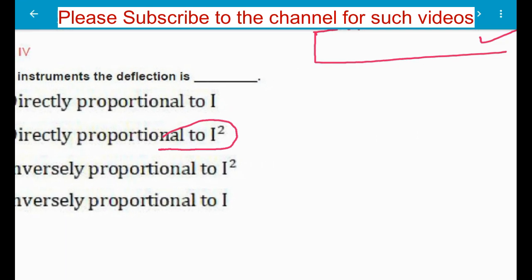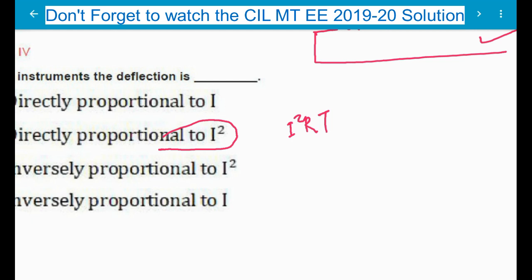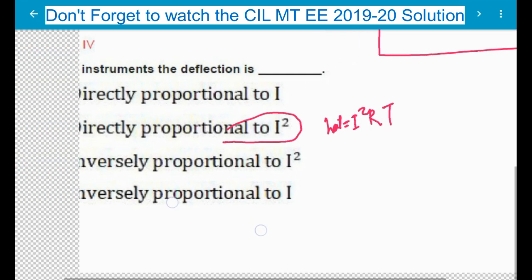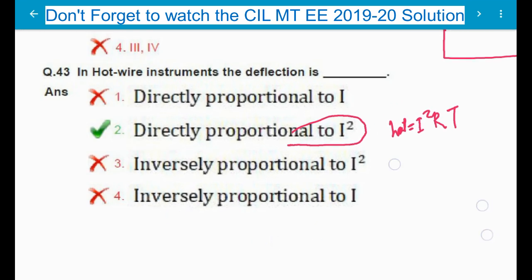Heating in a wire is due to the resistance, and the current can be related to the heat like I square R T. So heat energy is equal to I square R T. So theta will be dependent upon heat, and theta will be dependent upon I square.